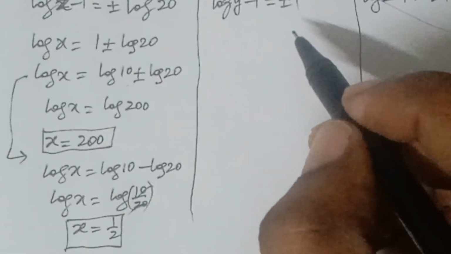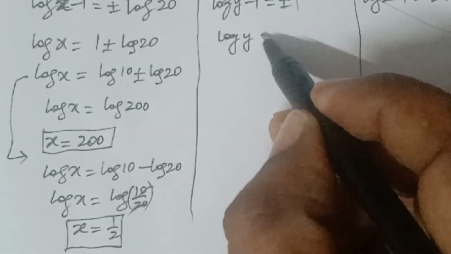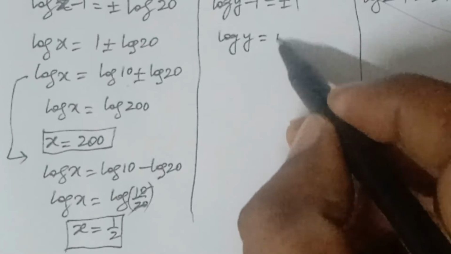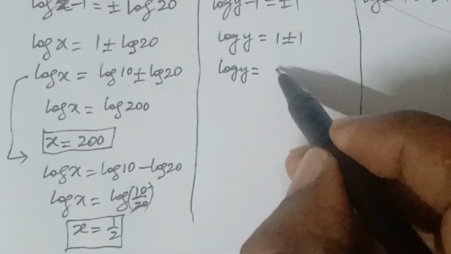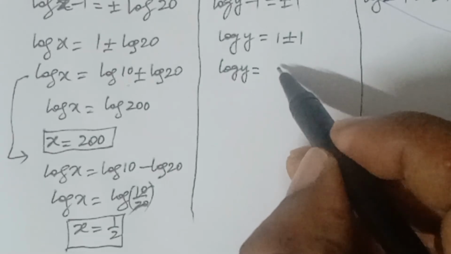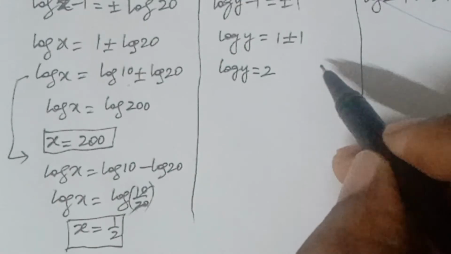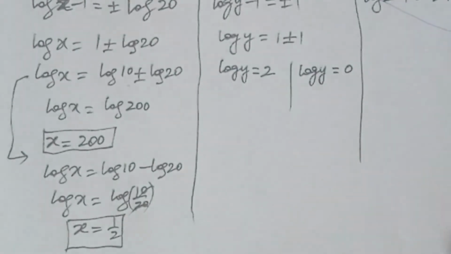So if you take y value, so here log y is equal to 1 plus or minus 1. So log y is equal to 2, or you will get log y is equal to 0.